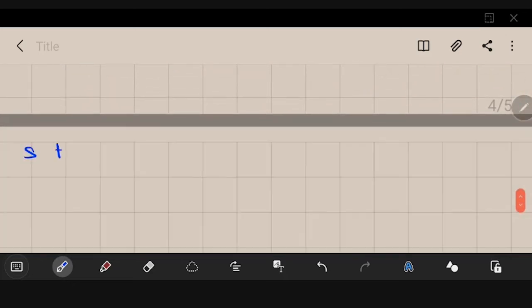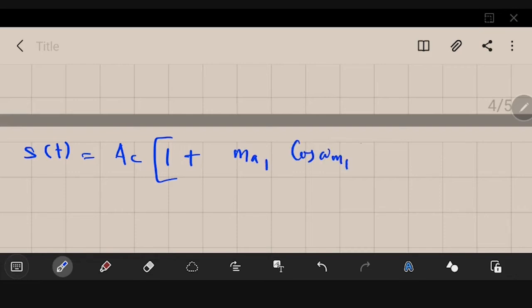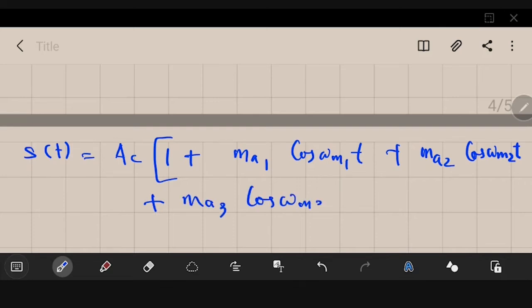So I could write it as S of t is equal to A_c outside, then 1 plus m_a1 cos omega_m1 t plus m_a2 cos omega_m2 t plus m_a3 cos omega_m3 t, then cos omega_c t. So this is basically the expression for the multitone AM wave.